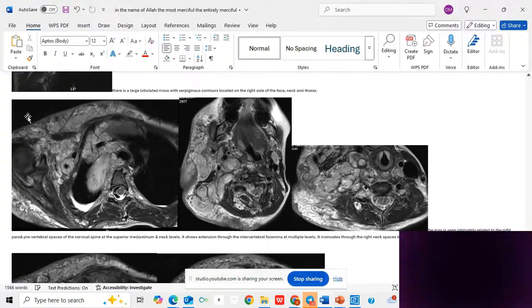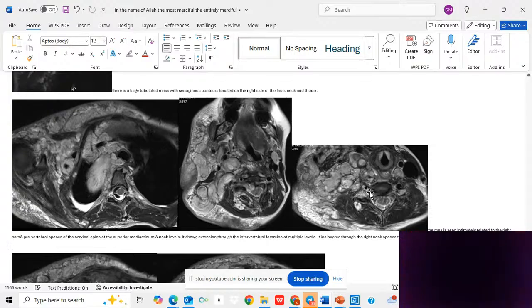So the mass is seen intimately related to the right para and the prevertebral spaces of the cervical spine. At which level? At the level of the superior mediastinum. As you can see here, this is the level of the superior mediastinum and the neck level.